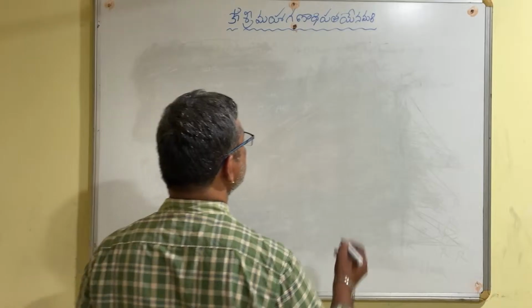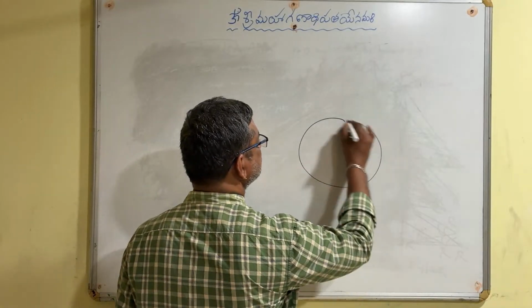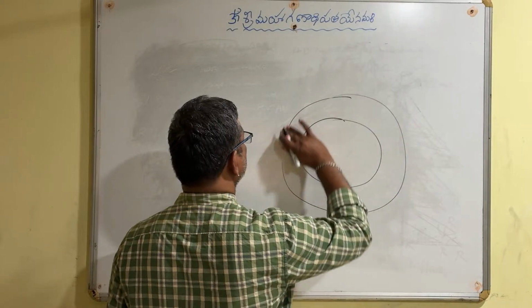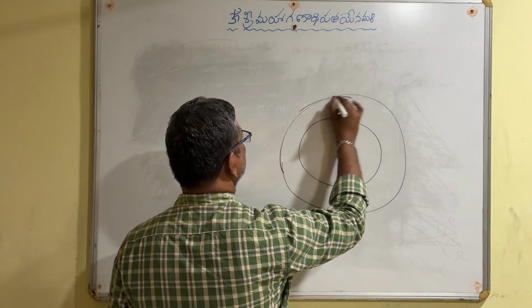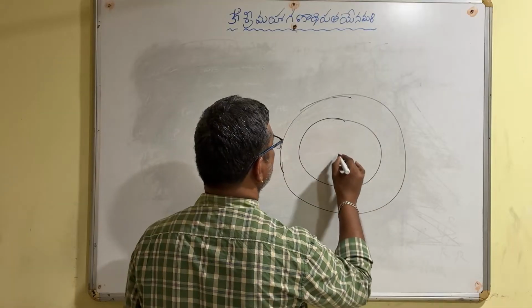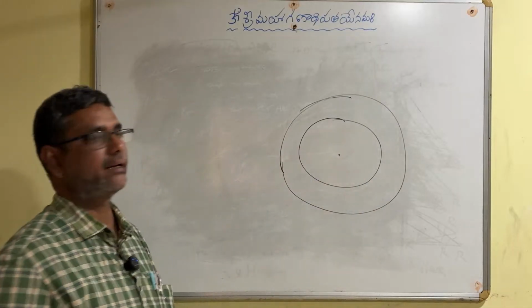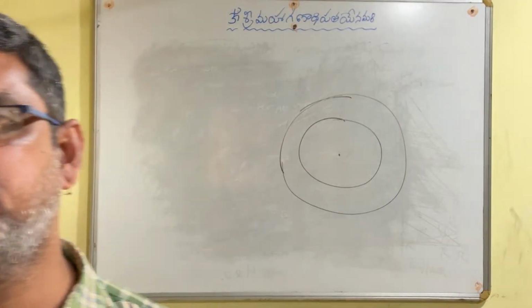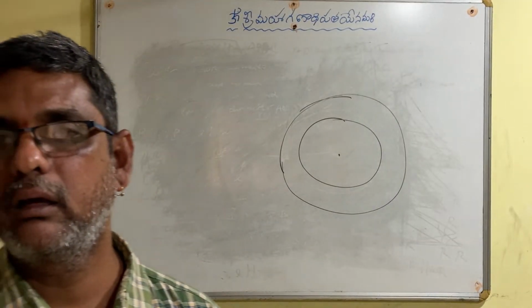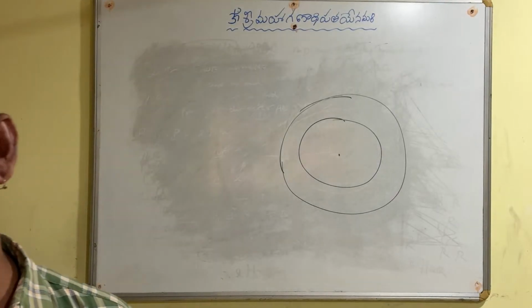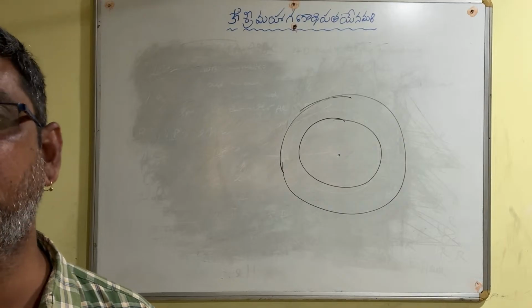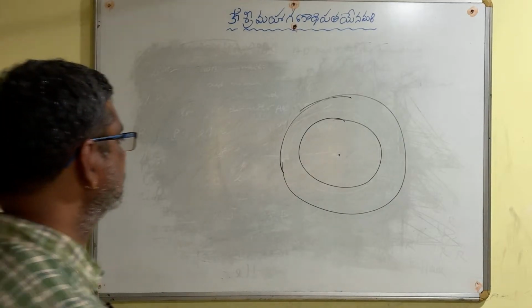There are two circles with the same center. Two or more circles having the same center are called concentric circles.